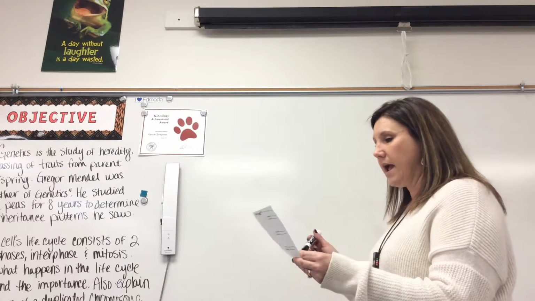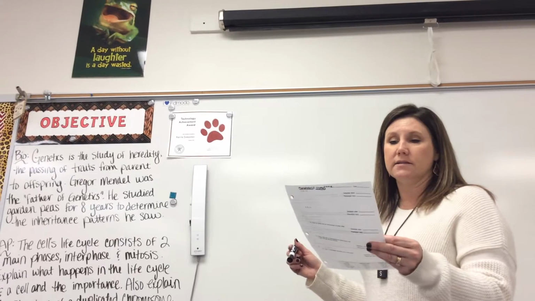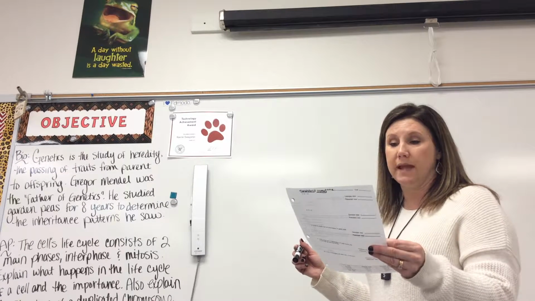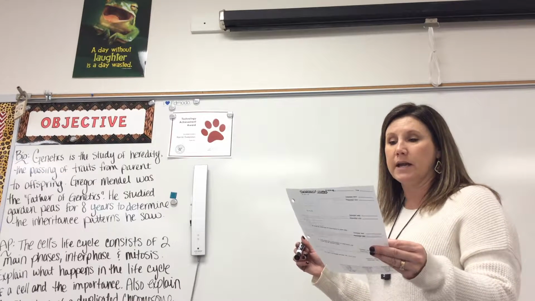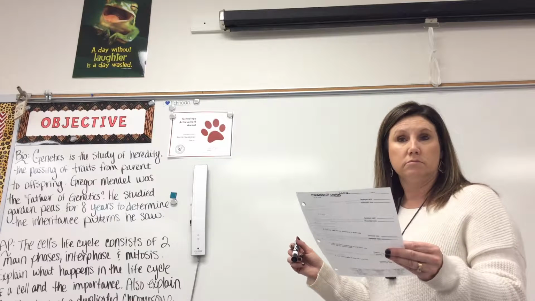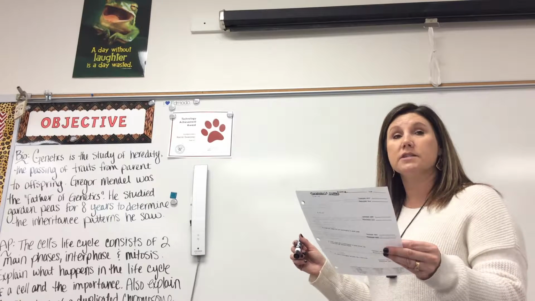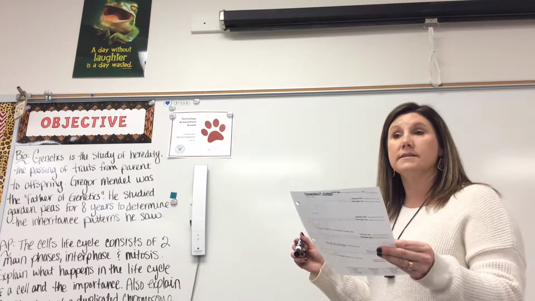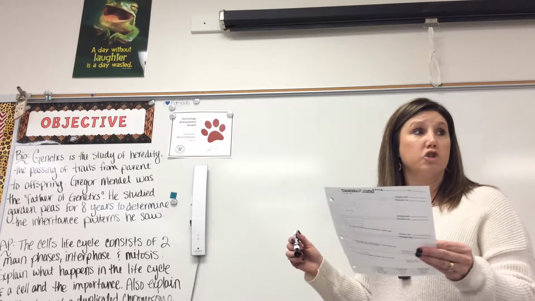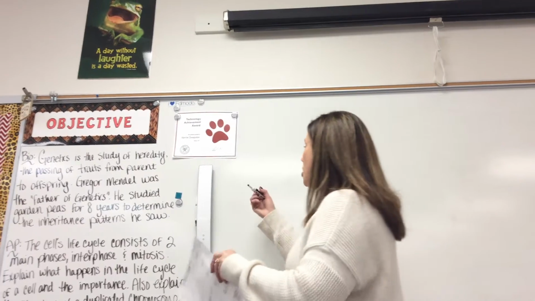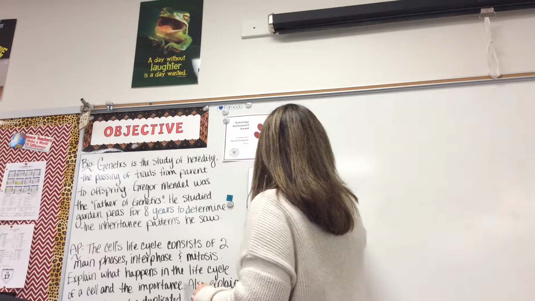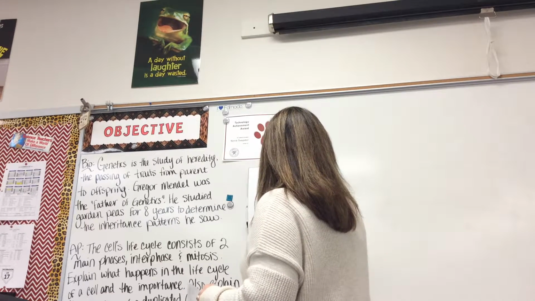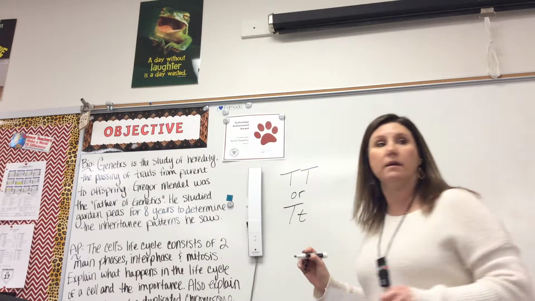Okay? All right, so number 8, when a tall plant is crossed with a short plant, some of the offspring are short. A tall plant is crossed with a short plant, and some of the offspring come out short. Okay? So, tall plant. Here's the deal. That's like that hairy guinea pig.